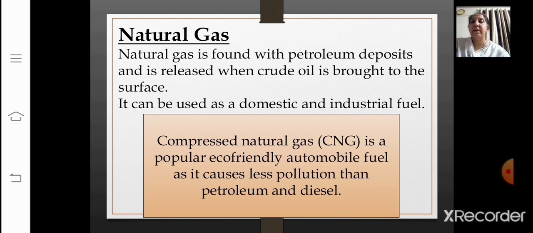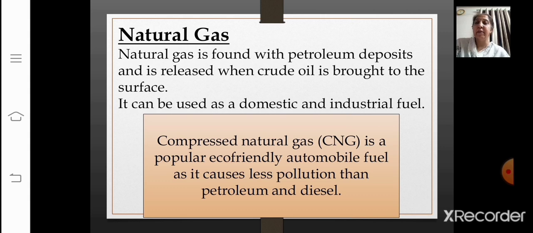Now the next one is natural gas. Natural gas is found with petroleum deposits and is released when crude oil is brought to the surface. It can be used as a domestic and industrial fuel. Now here, compressed natural gas, that is CNG. I hope you all know very well about CNG.